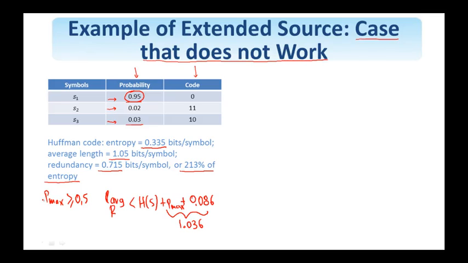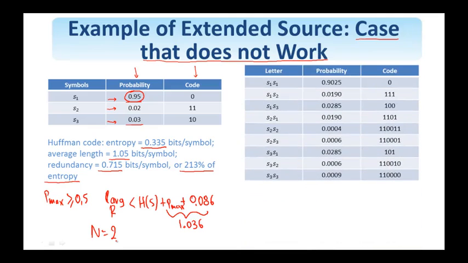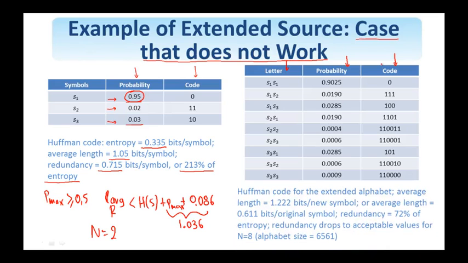If we do exactly the same thing as in the previous example, and we consider n equals 2, then here is the alphabet of the new source, the associated probabilities, and here is the resulting Huffman code. If we perform the statistics again, this is the average code word length of the extended source, so many bits per new symbol.